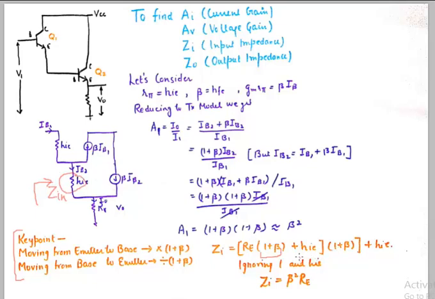I add this up, and when I move from emitter to base again, I do multiplication with 1 plus beta, and my final is this HIE. So this is the total input impedance. And if I ignore ones and HIEs, I get beta square RE to be the approximate input impedance. Very important result that you can commit to your memory.